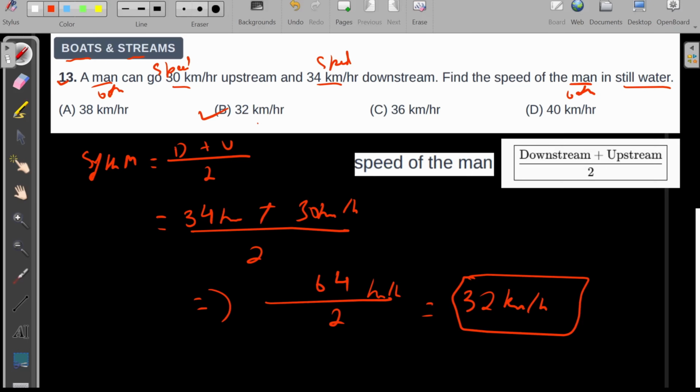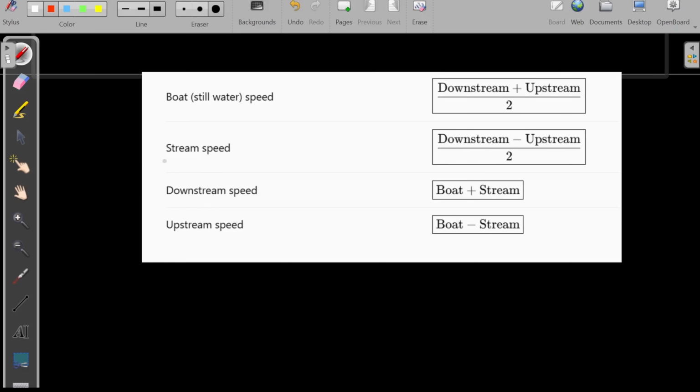Now, if the question is asking us to find the speed of the stream, meaning not the boat but the stream or the water itself, we would use this formula, which is the stream speed equal to downstream minus upstream, divided by 2.